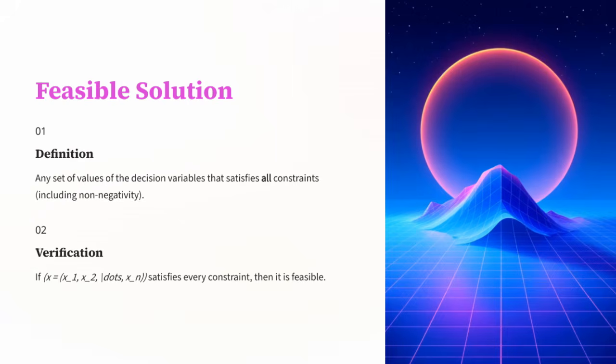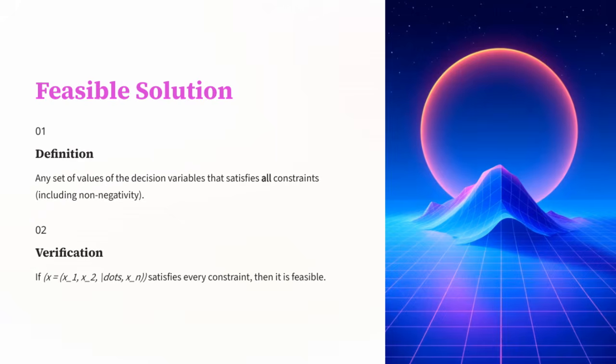This means that each of those variables, when plugged into our constraints, doesn't violate any of the rules we've set. In other words, it fits within the boundaries defined by our problem. Now, when we verify whether a specific set of values is feasible, we're checking if it satisfies all these constraints, including the non-negativity restrictions, which are quite common in optimization problems.